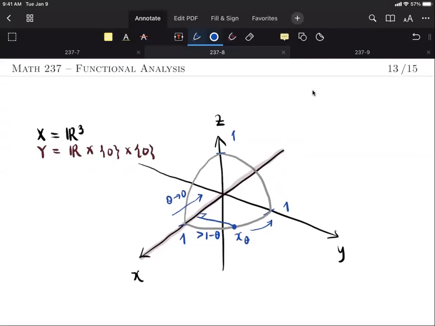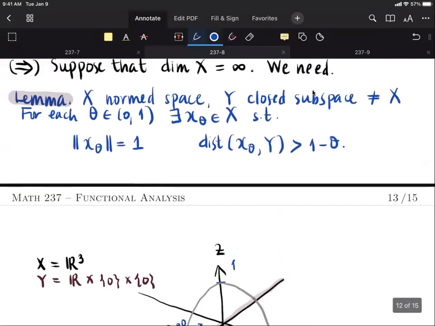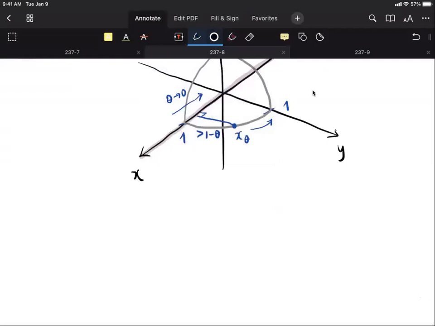Now, to prove this theorem, let's start with the assumption that theta is less than 1, but positive. So 1 over 1 minus theta would be greater than 1, since the denominator is less than 1, this fraction must be greater than 1.